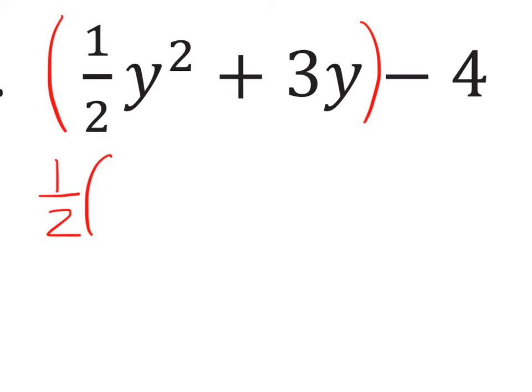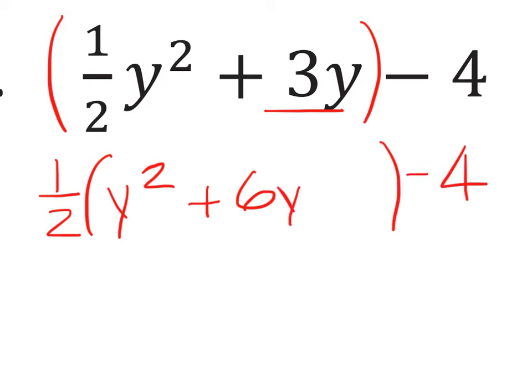It's 1 what? y squared. So it's y squared, that's it. 1/2 divided by 1/2 is 1. Okay, now what is 3y divided by a half? 6y, yeah. Leave a space, minus 4.